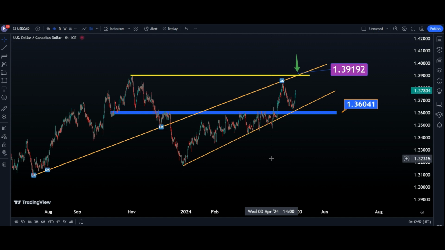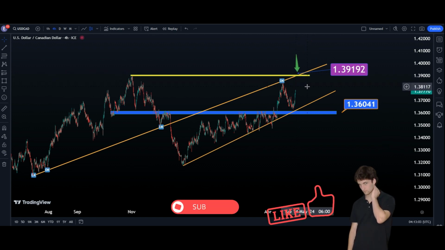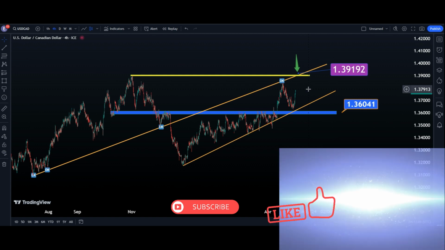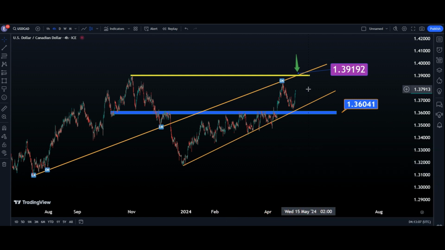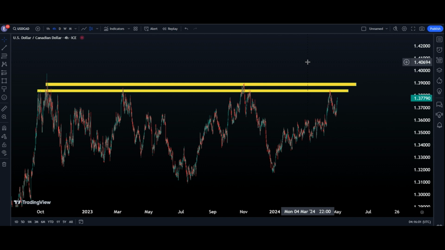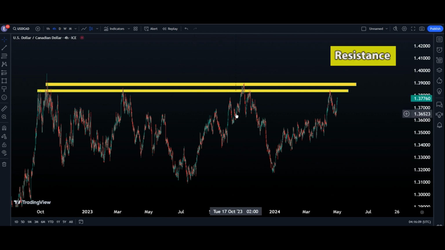If you search for a good place to sell or sell limit, I think you should wait at least until here. And if we look at the past of this chart, you can see this strong resistance area.